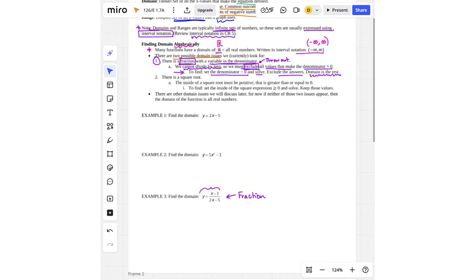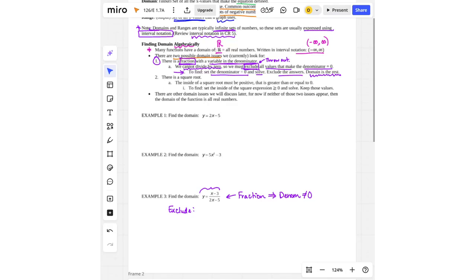And as soon as you see a fraction, you should immediately think the denominator cannot equal 0. That would be our process for the domain. Your instructions were to find the domain, so when we see those instructions, you're going to look at this and say, oh, it's a fraction. The denominator cannot be 0. So because we know the denominator can't be 0, what we're going to do is find the excluded values.